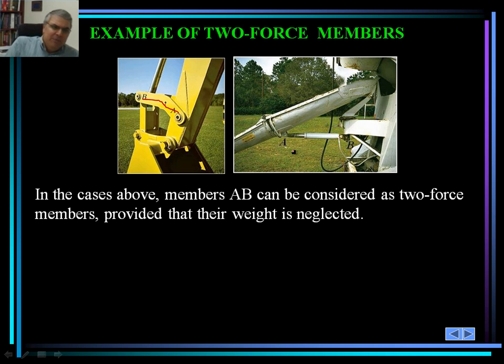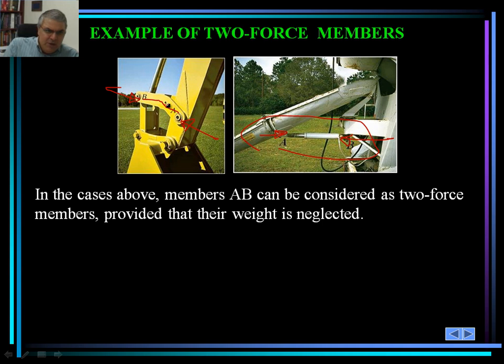This one, A and B, again, it's a two force member. Forces are only applied at 2 points, A and B, and the line of action of the forces would actually go through this. Although the angle may not seem as obvious, I can replace those forces by actually two forces here. I can do the same thing here and replace that by that, and I can put the other force here.